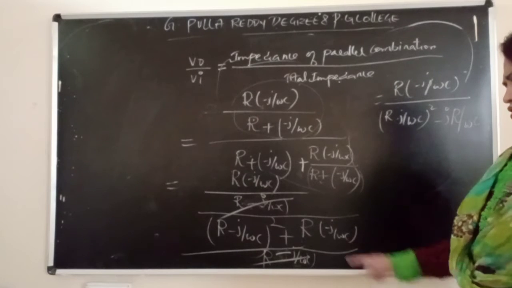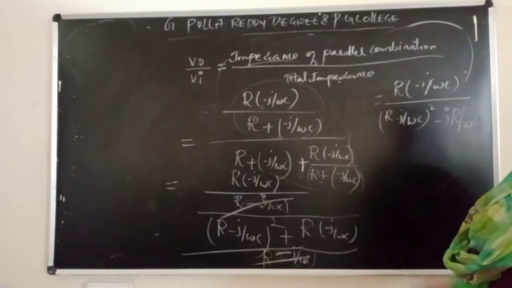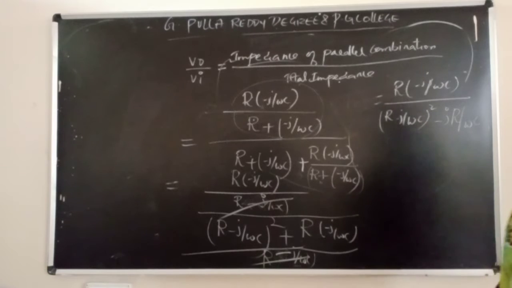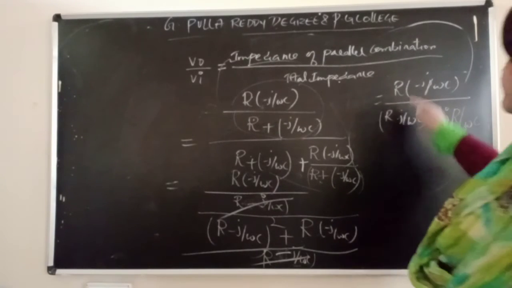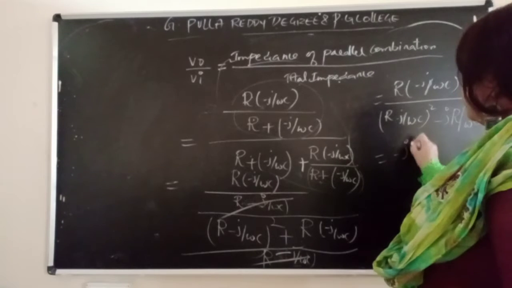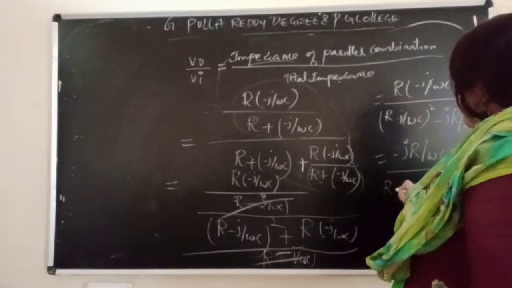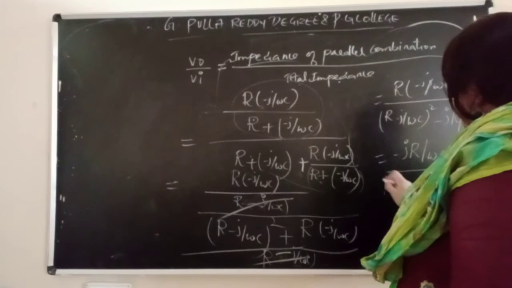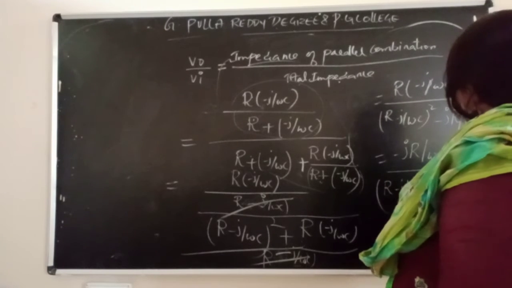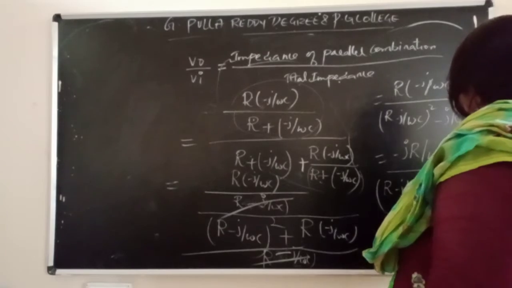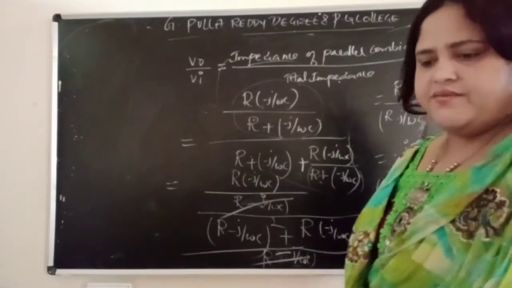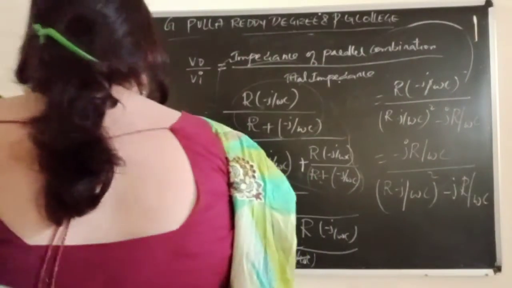So by substituting the values, you will get minus j R by omega C over R minus j by omega C whole square minus j R by omega C.